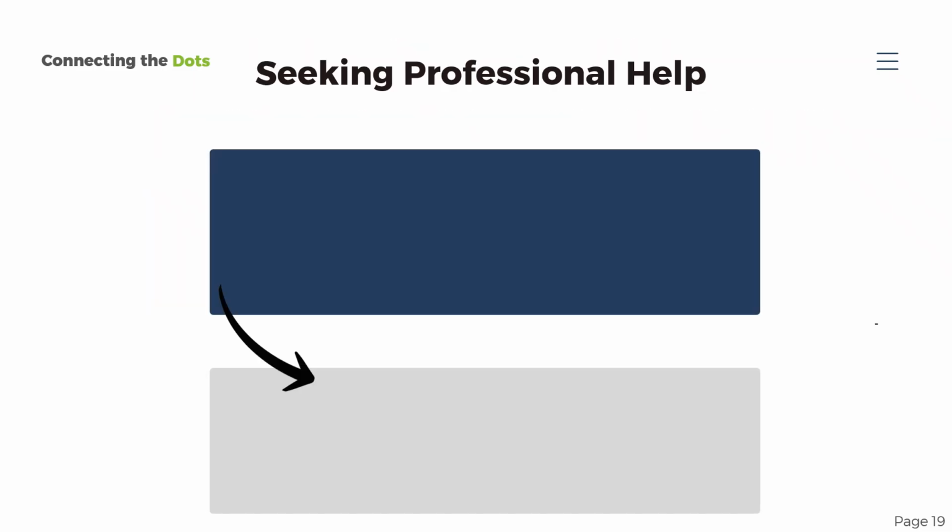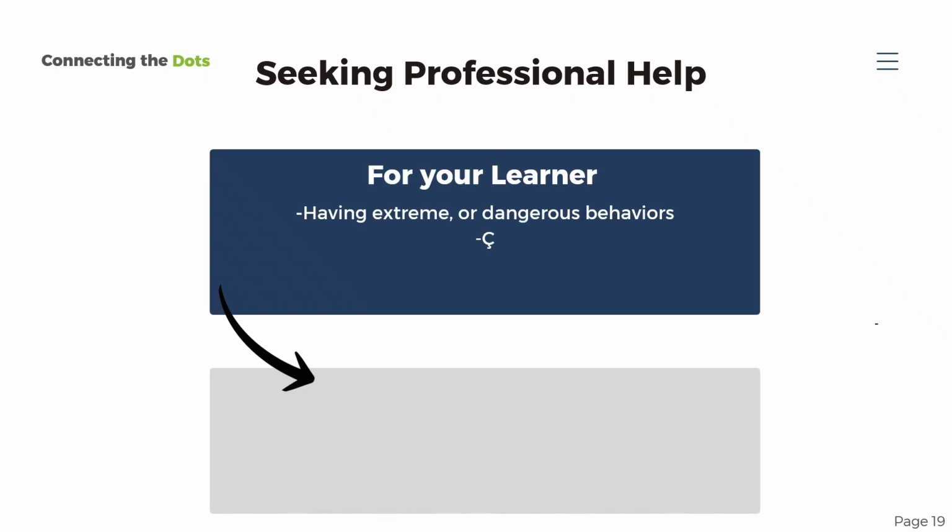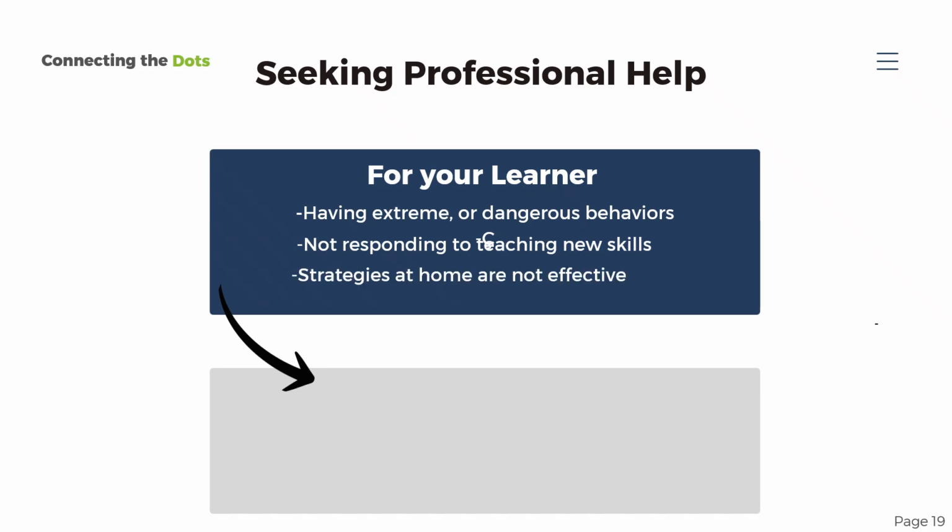Your child may also be in need of professional or additional support depending on their experiences. If your learner is having extreme or dangerous behaviors such as aggression to others, property destruction, self-injurious behaviors, or running away to the point of concern, if you have tried teaching your learner new skills and they aren't responding to your teaching, or strategies at home are otherwise ineffective at making progress, you may need to seek help from a board-certified behavior analyst, aka BCBA.